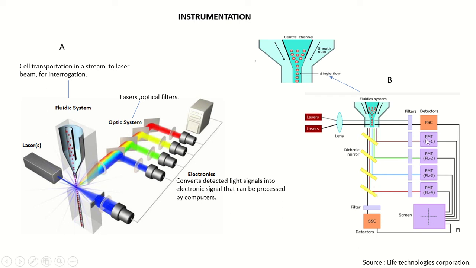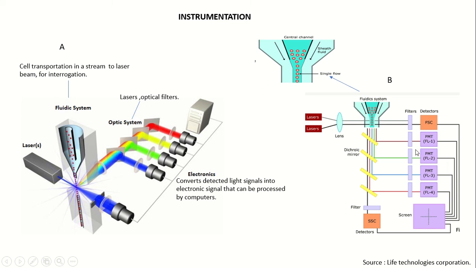Once it is detected by the detector, say the PMT in this case, that is a photomultiplier tube, when the light intensity interacts with one side of the PMT, it liberates electrons proportional to the intensity. Those electrons are converted into current, and that current is converted by the ADC into digital signals.